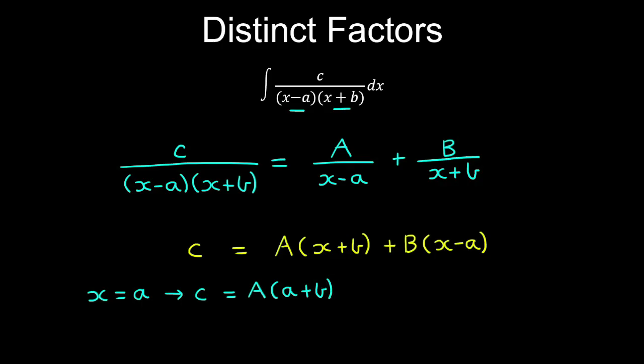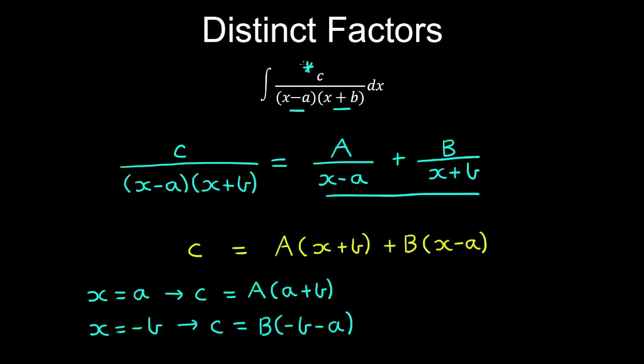And then you can solve for a. And similarly, if you set x equal to minus b, we get rid of the left term, and we obtain the following equation, which you can solve for the constant b. And now integrating this sum is much easier than integrating this term.